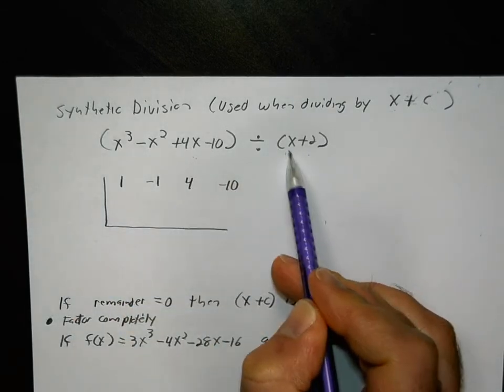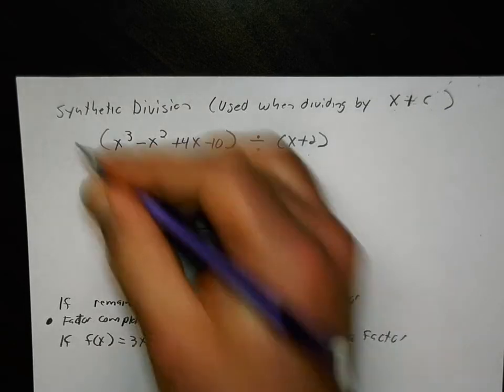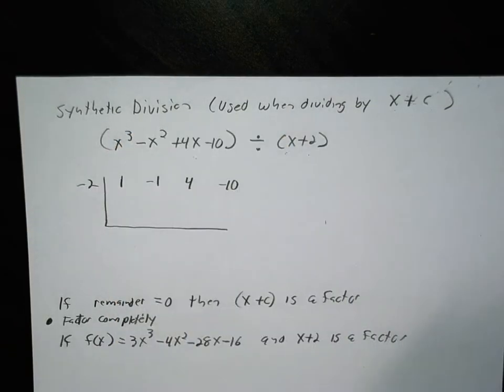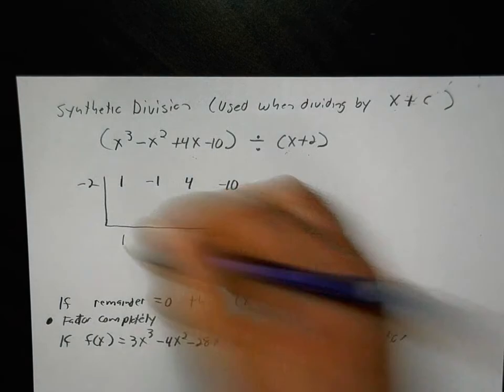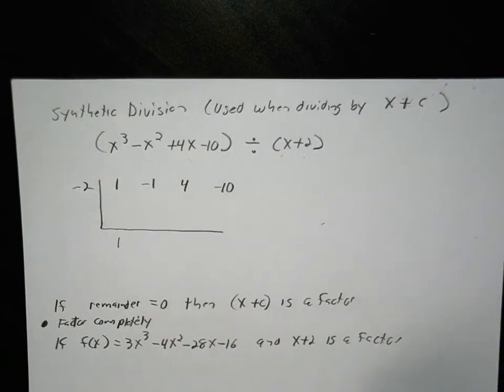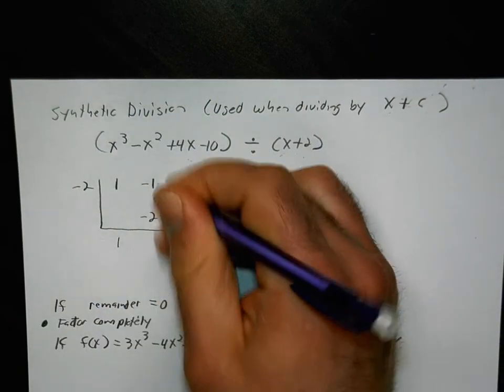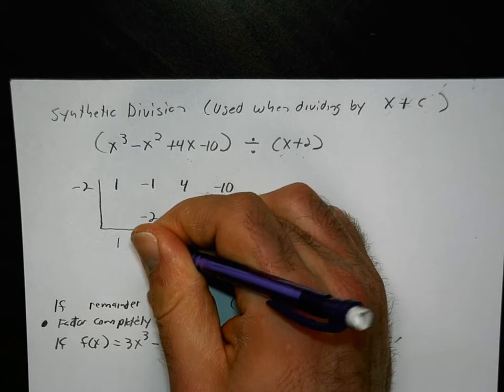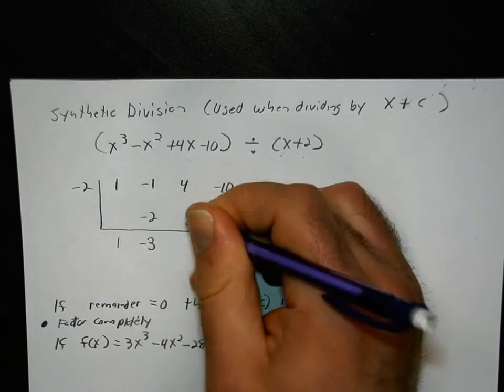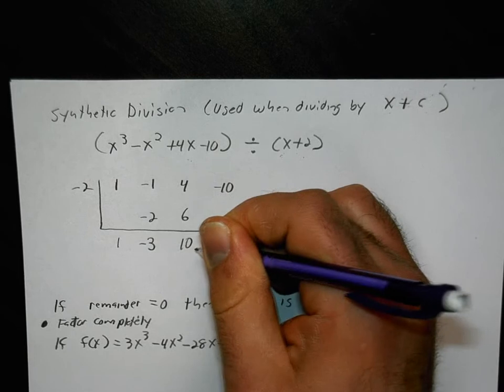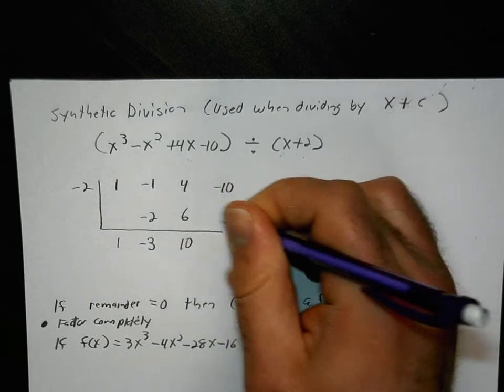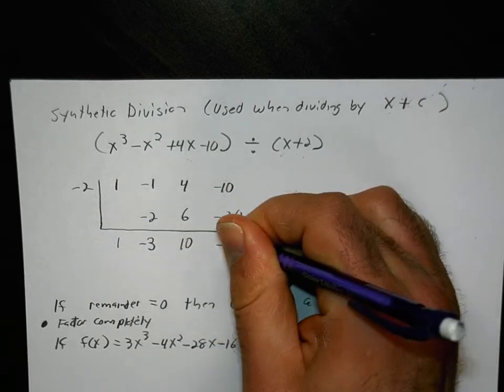Okay, so that would be negative 2, because negative 2 plus 2 is 0. Okay, so now I do the synthetic substitution like I did before. Multiply, I add, multiply, add, multiply, and I add.